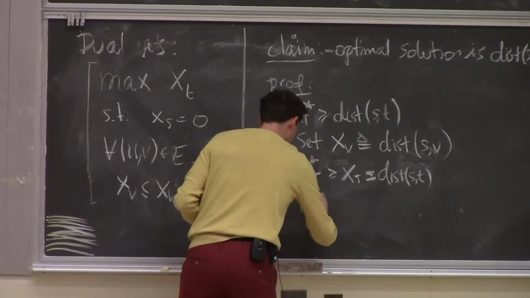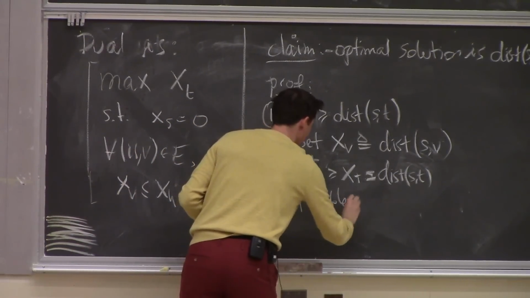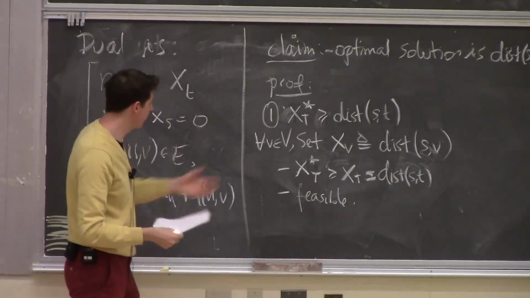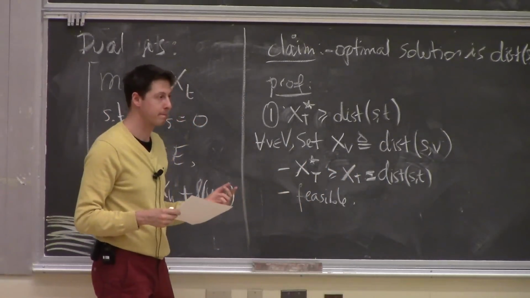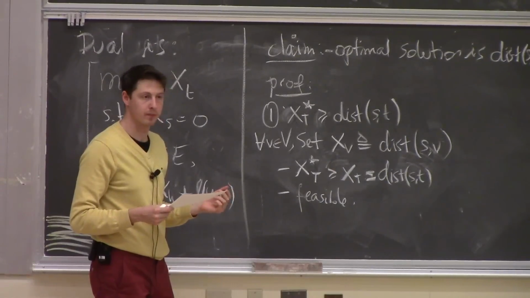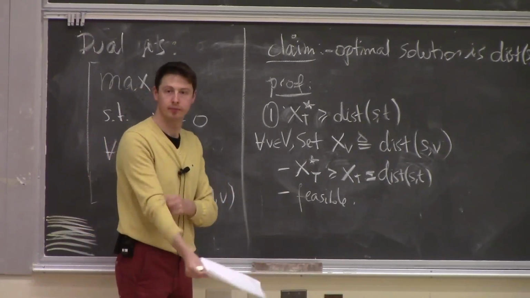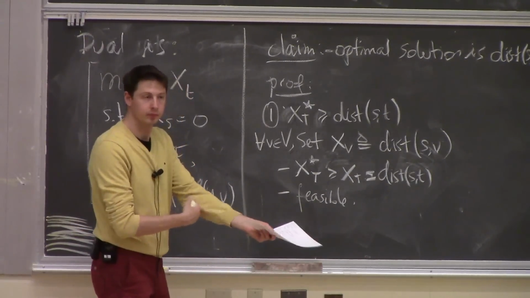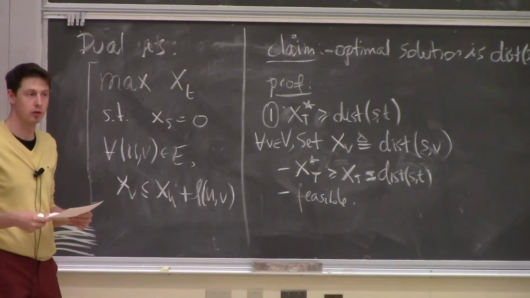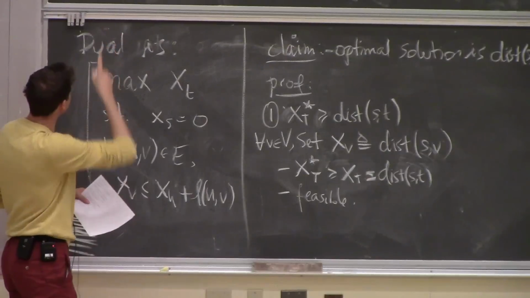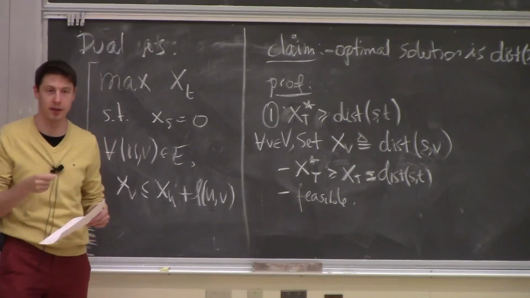It is feasible. So can somebody tell me why this particular setting of all variables is feasible? So here's where we use the fact that the lengths are non-negative.